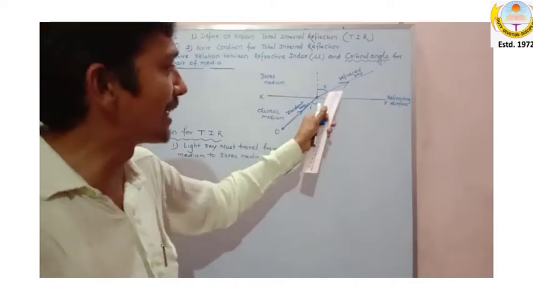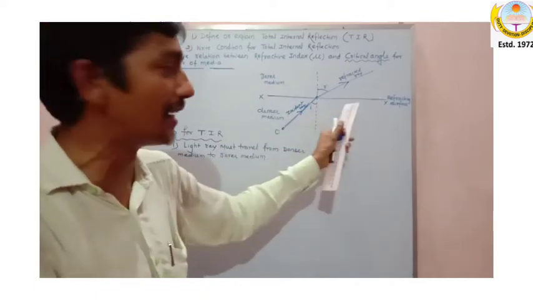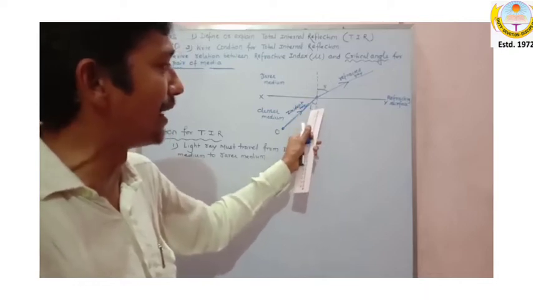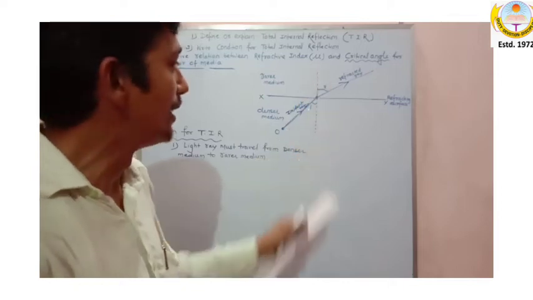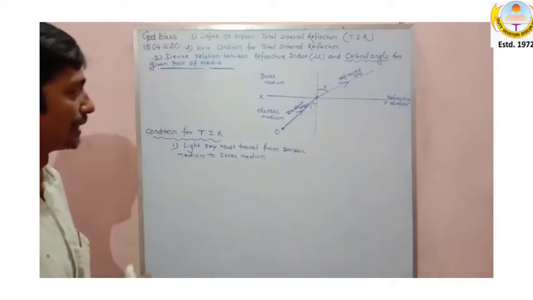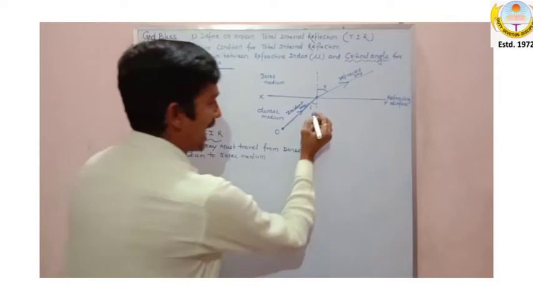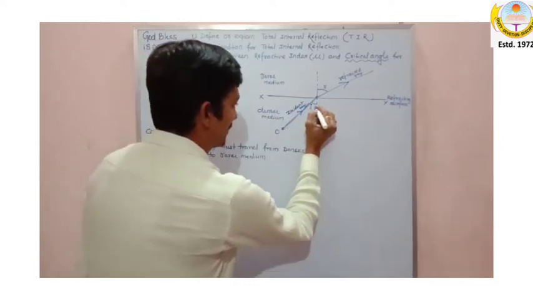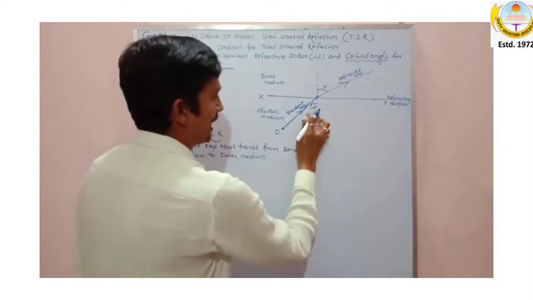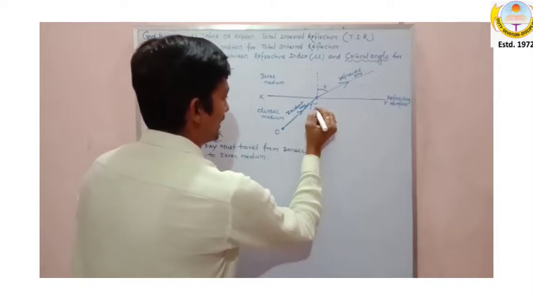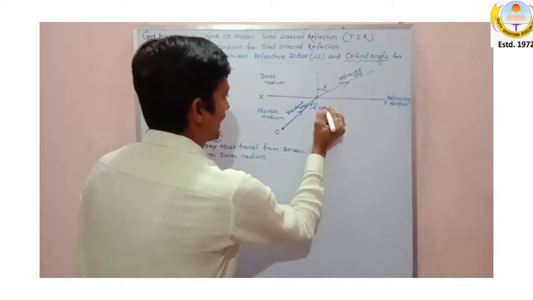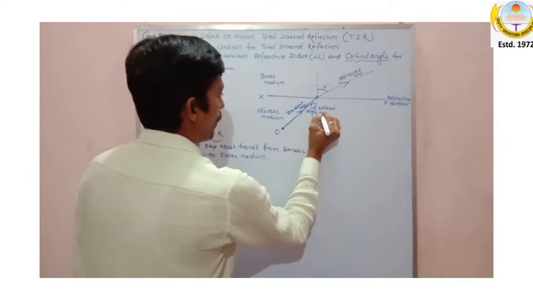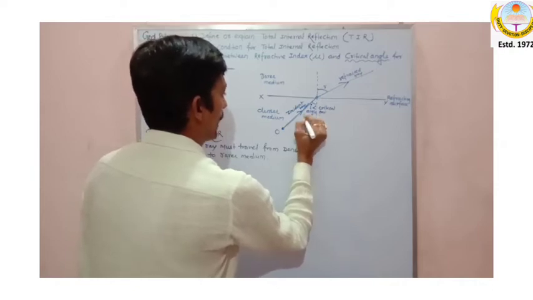So there is a critical angle for the surface here, and this light ray is incident and making an angle with the normal. Now in this case, you can see that angle i is less than the critical angle for the pair of media.